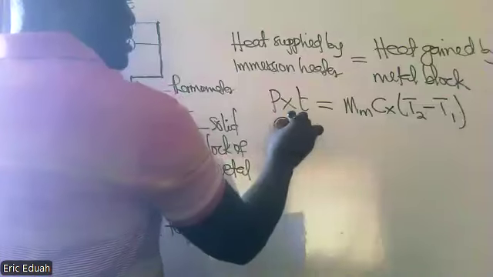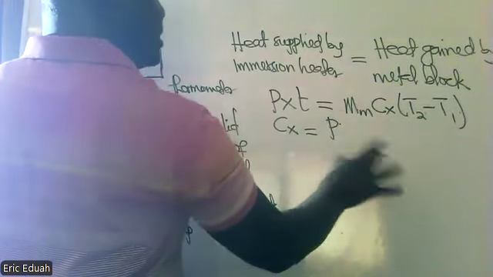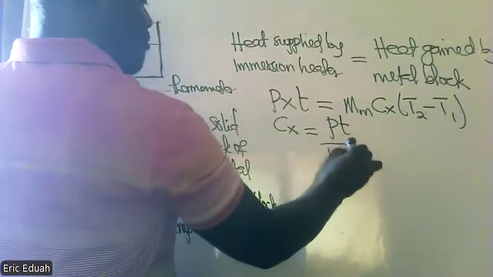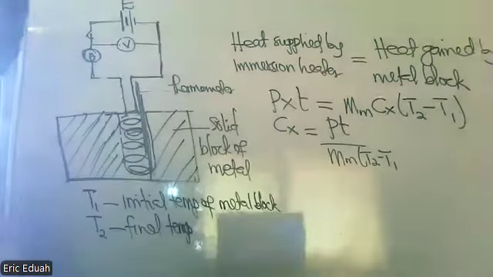Therefore, Cx is equal to P times t over M of metal times (T2 minus T1).